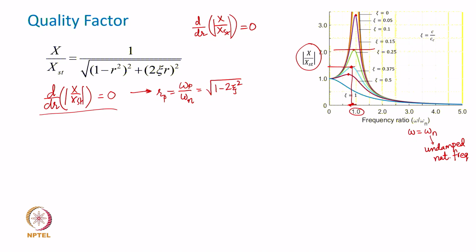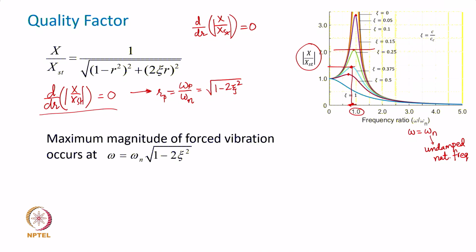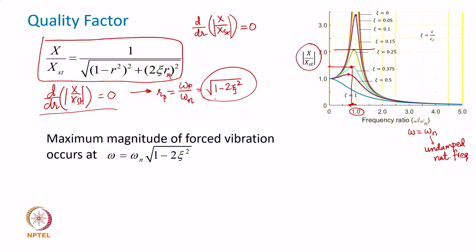So, the magnitude is obtained by substituting this r_p value in this expression, which is valid for all values of r. If you replace r with this expression and solve it, you will get an expression for x over x_st, and that turns out to be 1 by 2 zeta.